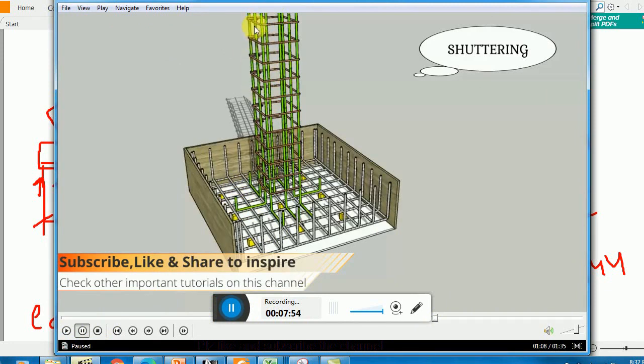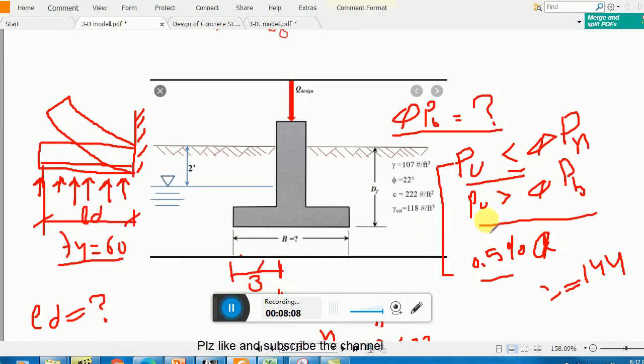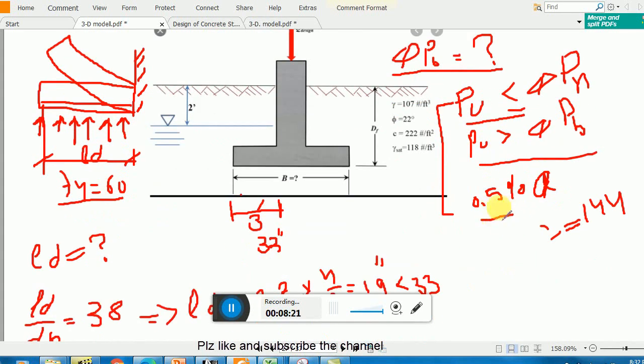Okay, and then the rest of the bars of the column will be lapped in compression with these dowels. So this hook is provided, and we have to calculate this reinforcement, whether these bars are needed or not needed. So let me show you, if Pu is greater than phi Pnb bearing pressure, then we need to calculate the dowel area properly.